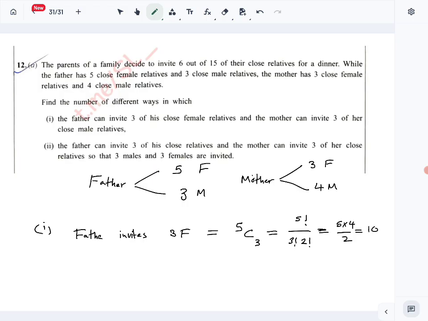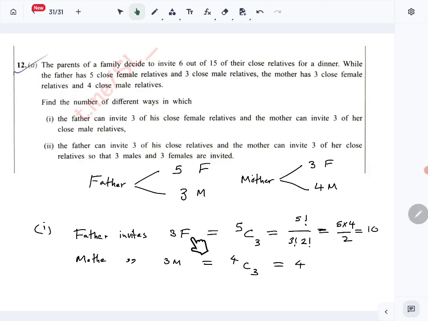Right. Then the mother has to invite how many? 3 male relatives. So mother knows 4 male relatives. So out of those 4, she has to invite 3 of them. So that is 4C3, or just 4, right? So then the number of possible ways this scenario can happen is what?